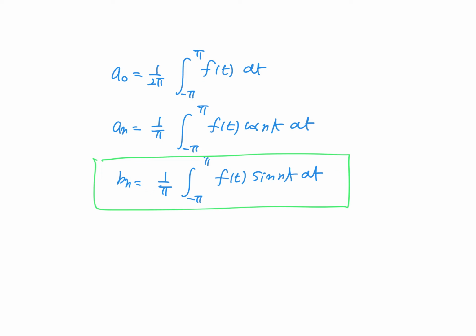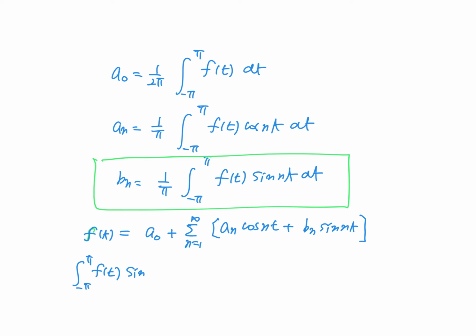So, let's check f(t). We have a0 plus a_n cosine nt plus b_n sine nt, right? So we multiply by sine mt and integrate from minus pi to pi of f(t) sine mt dt. Let's check this.